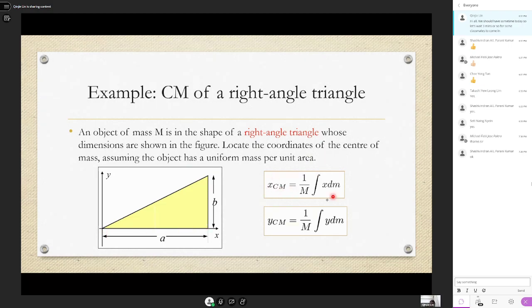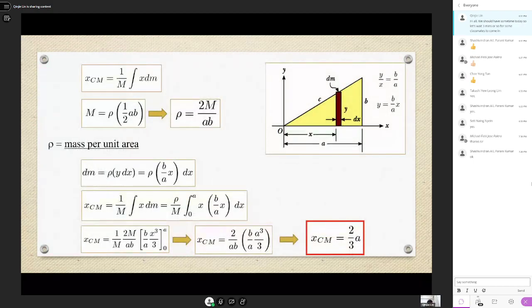So x_CM general formula, y_CM general formula. We'll be using these general formulas to find the x_CM. These are just examples of how we're going to find it. Given an object like this, we would want to chop up the triangle into many strips, correct?